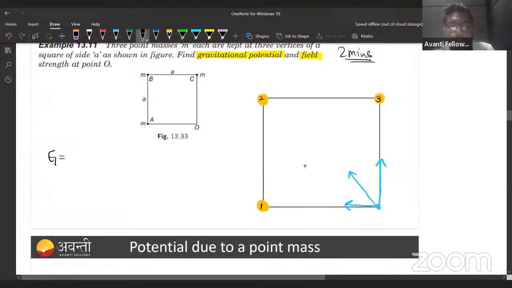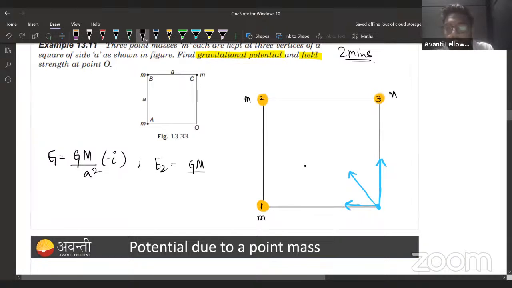Field due to 1 will be equal to Gm by, mass is m, so let's say masses are m, and the distance between them is a. So Gm by a squared. In what direction? Let's say it is in the negative x direction. E2 will be given as Gm by, in what direction?